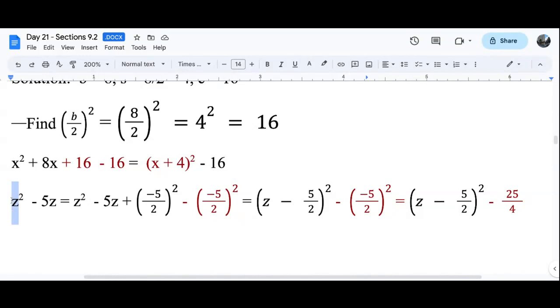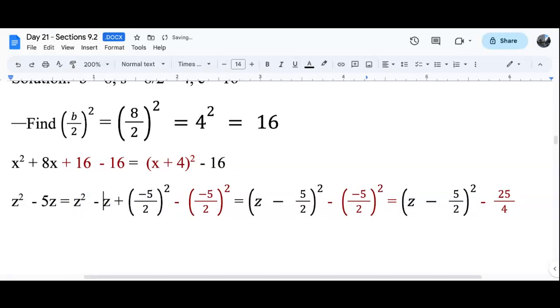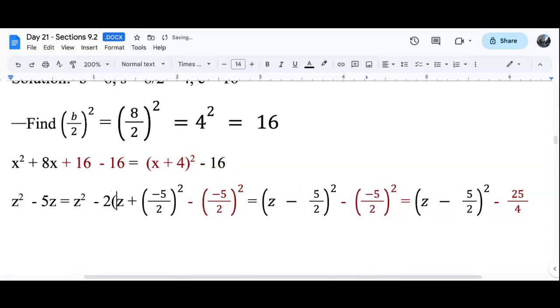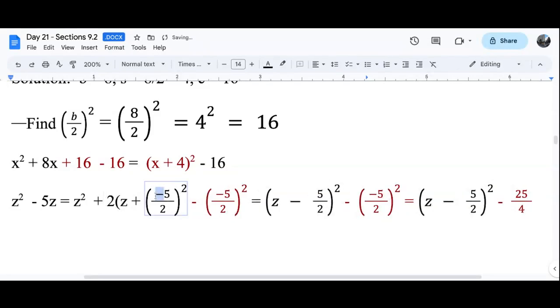If we have z squared minus 5z, well, 2 is not a factor of 5. So what do we do? We do the same. We take negative 5, we divide by 2, we add the square and subtract the square. Then right away we get this.